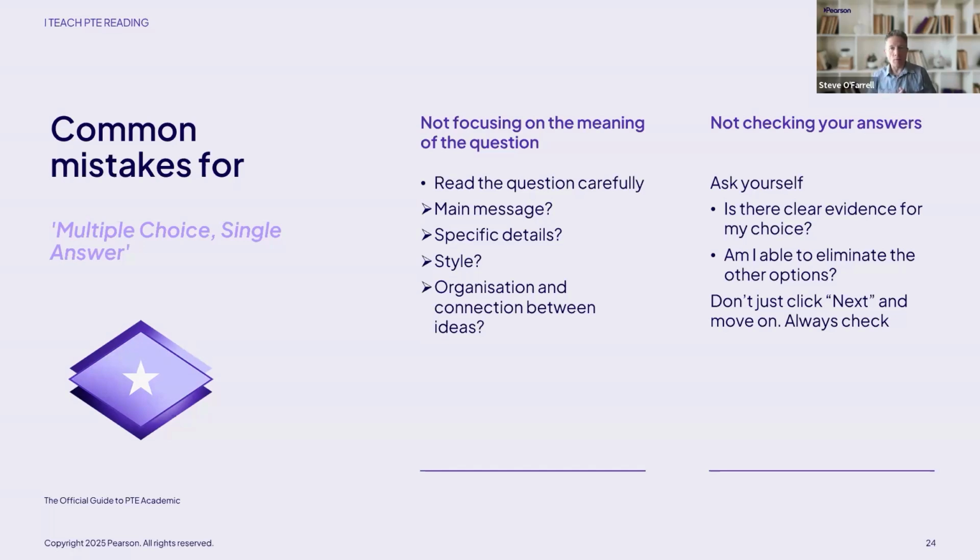Now, it's okay to guess in this one, because basically this is a 1 or 0. You can either select correctly and get 1 point, or select incorrectly and you've lost nothing. So it's okay to guess, but try to eliminate the other options and make sure you've got evidence for your own correct option.